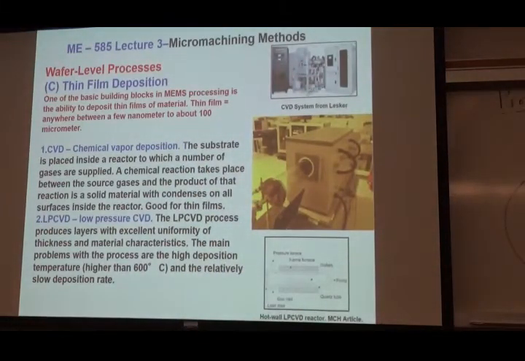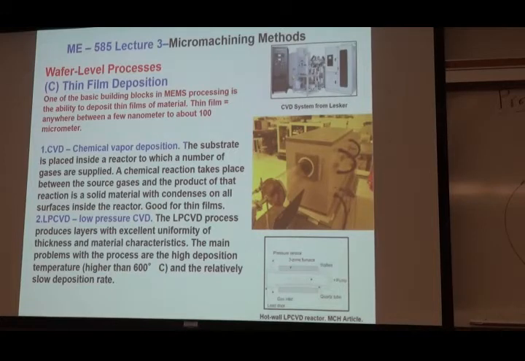Okay? Now let's agree on one term. When you hear the word thin film, by the way, there are books just written with the title thin film. It's a whole discipline by itself. Let's get a few numbers. When you hear the word thin film, what do you think it is?